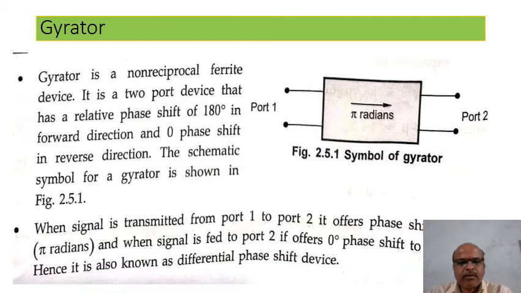It is a two-port device that has a relative phase shift of 180 degrees in the forward direction and zero phase shift in the reverse direction. The schematic symbol of a gyrator is as shown in this diagram. When a signal is transmitted from port 1 to port 2, it offers a phase shift of pi radian, and when a signal is fed to port 2, it offers a zero phase shift.